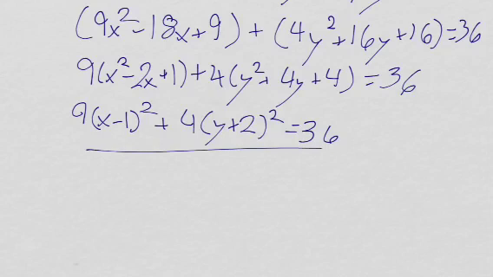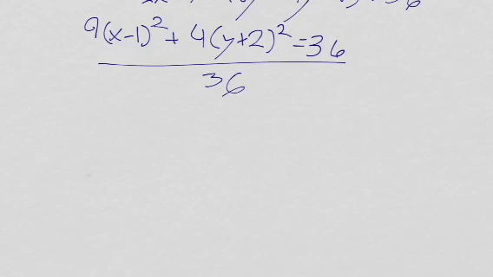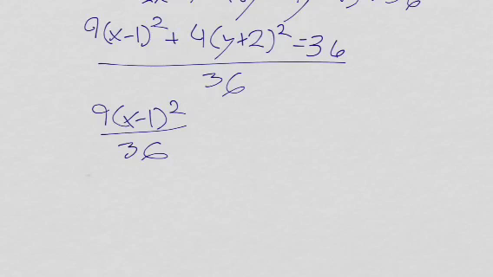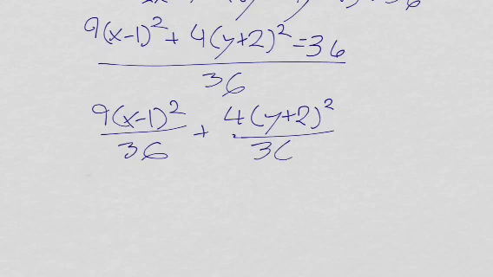So when we do that, we are going to get 9 times x minus 1 squared over 36 plus 4 times y plus 2 squared over 36 equals 1.